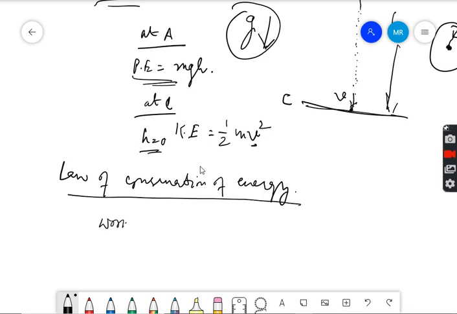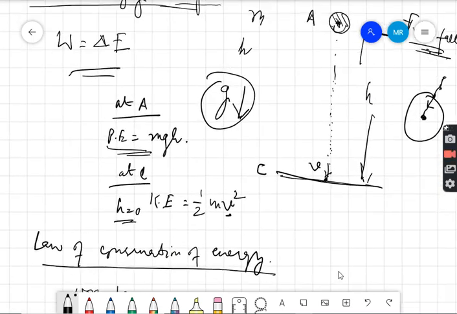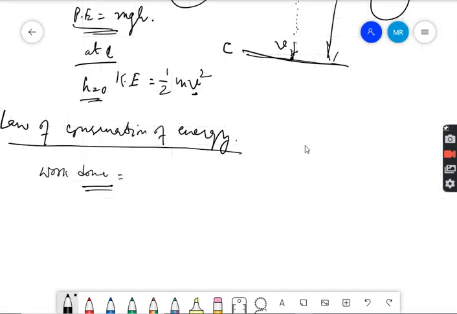What will be the work done here? Work done will be the change in kinetic energy or potential energy. In the case of potential energy, the change is mgh, and this is the work done.